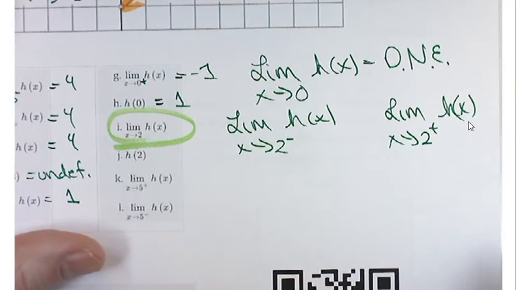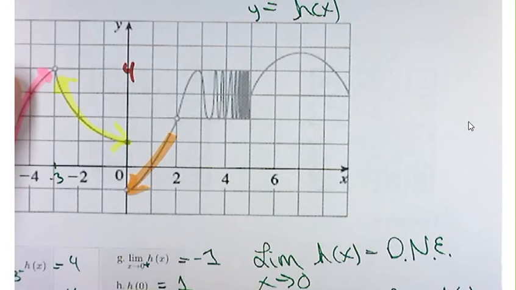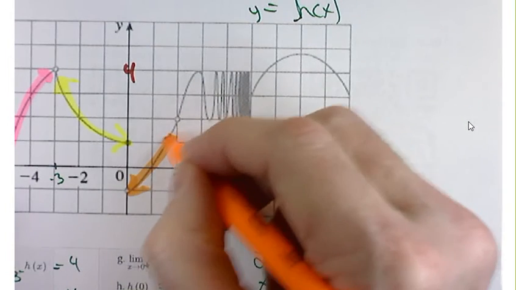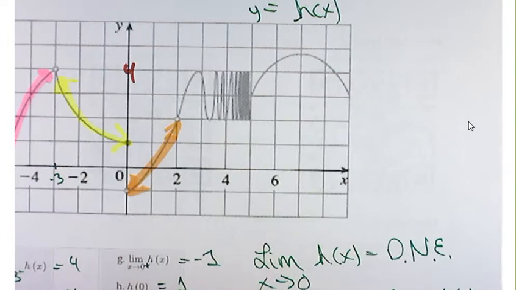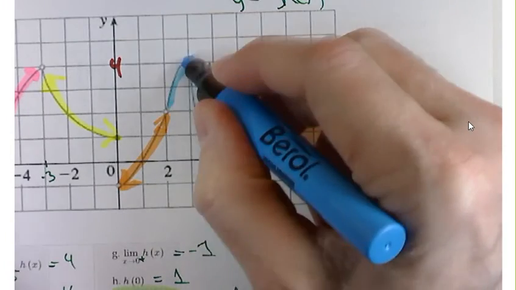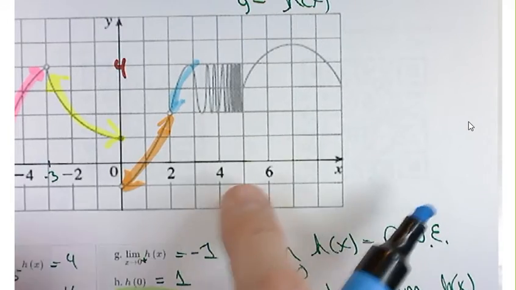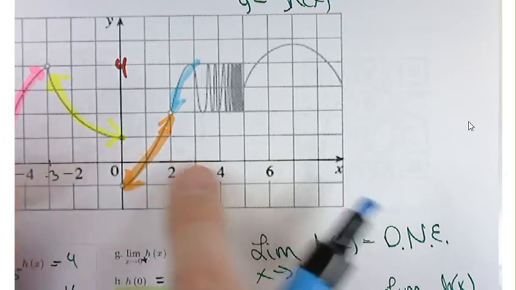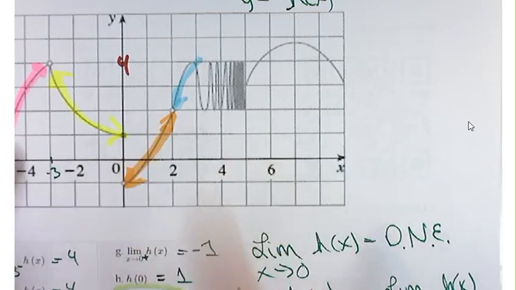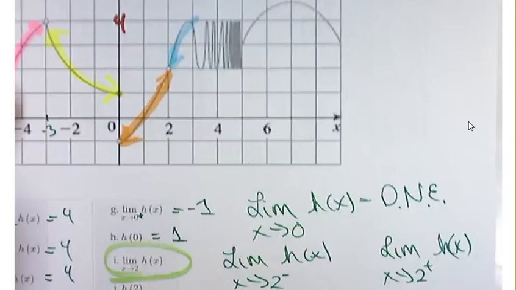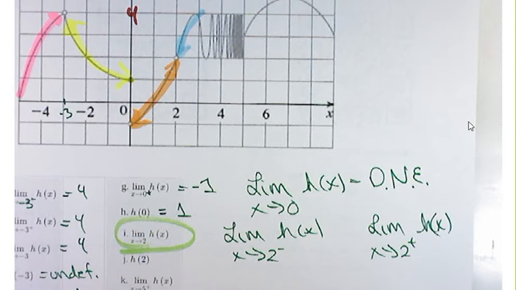So let's look back at our graph. You're going to approach 2 from the left, and you're going to approach 2 from the right. Even though you're approaching along the x-axis, you're really looking at what happens to the y-coordinate. So what we got?